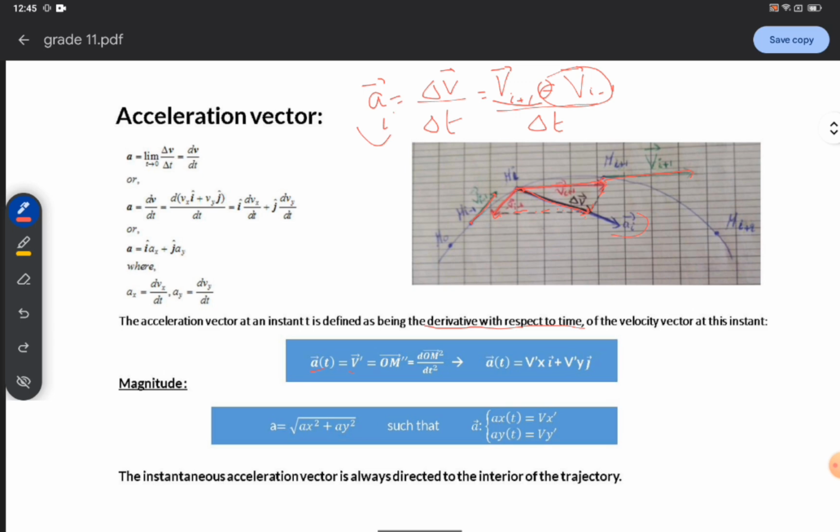Magnitude of acceleration vector a equal radical ax square plus ay square, such that ax(t) equal vx prime and ay(t) equal vy prime. The instantaneous acceleration vector is always directed to the interior of the trajectory, like this.